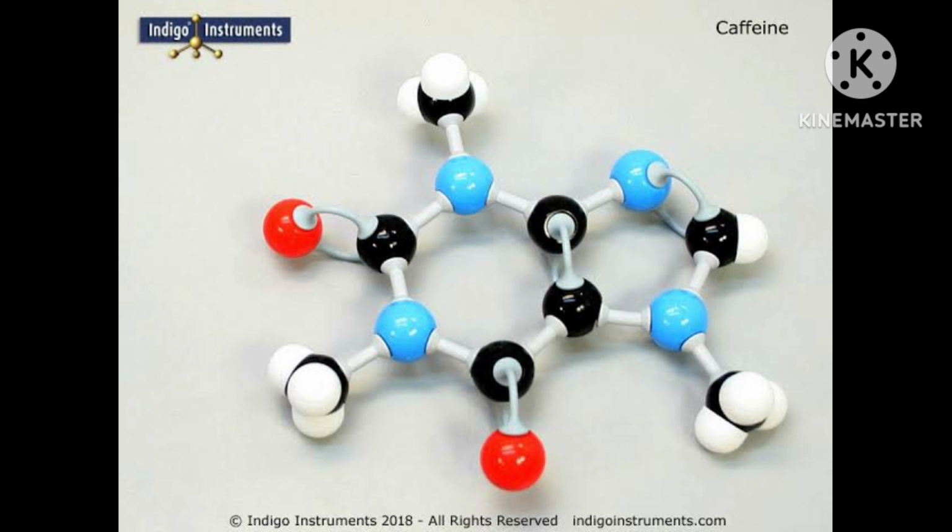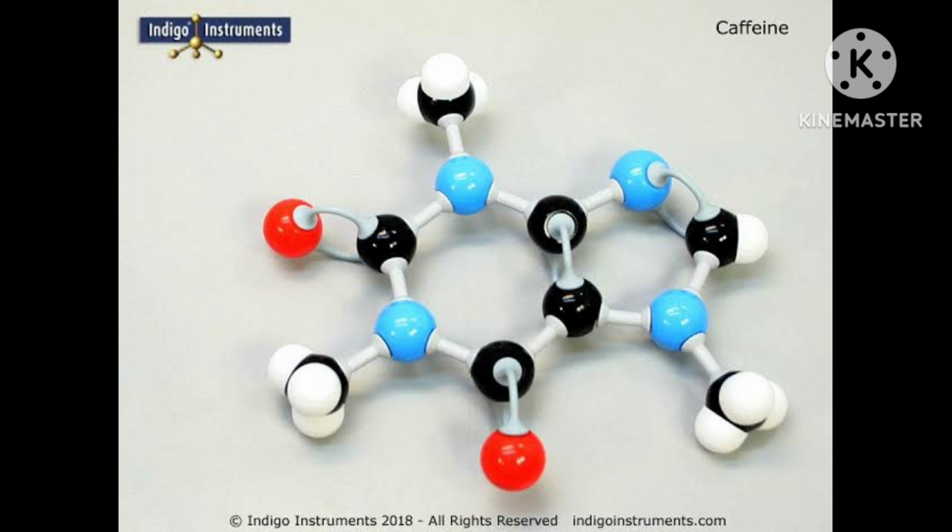The bonds lying in the plane of the paper are depicted by using a normal bond. Meaning length and breadth, that size you can show by a normal bond. For the 3D representation of a methane molecule on paper, it will be like this.